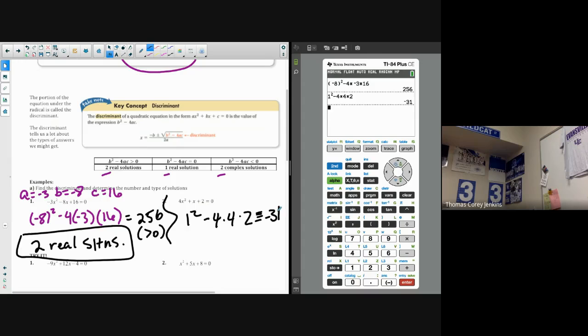Negative anything falls into the less than 0 category, so this one has 2 complex solutions.